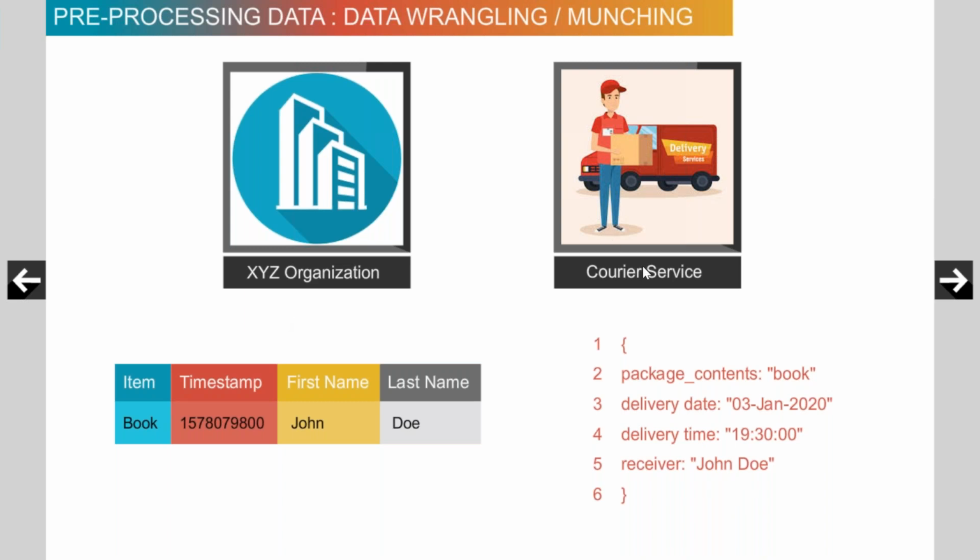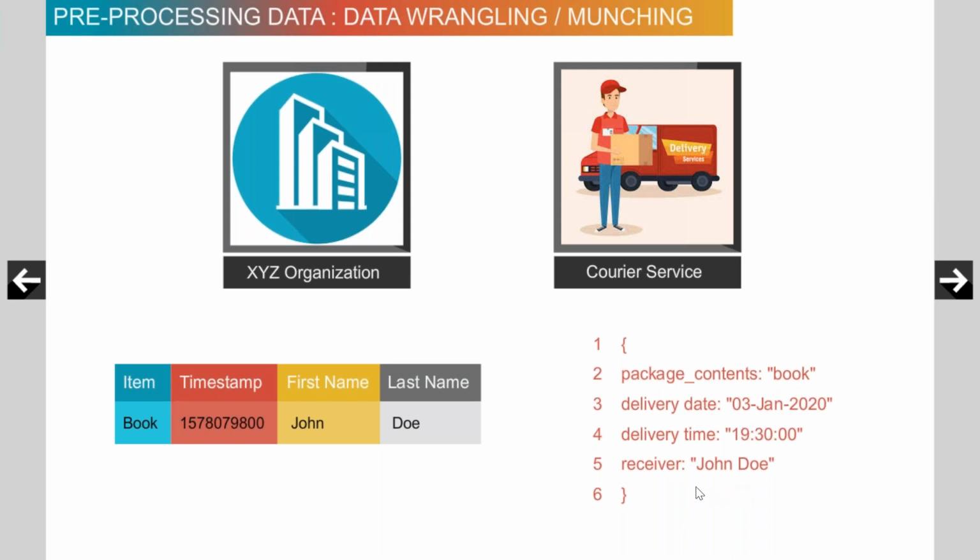He has delivered to a company. Let us say they store it in a different way. For example, you see here the name is specified as John Doe, but here they split it into two portions. They store John as first name and Doe as last name. So there is a change in the format. That's what I mean by data wrangling.